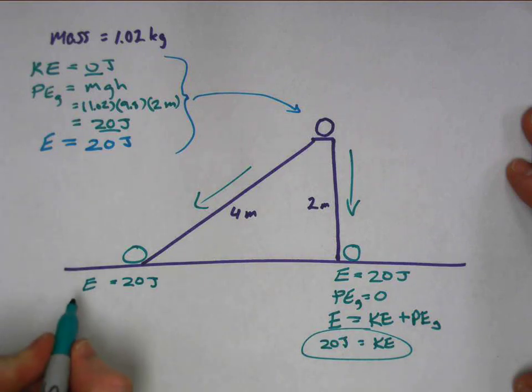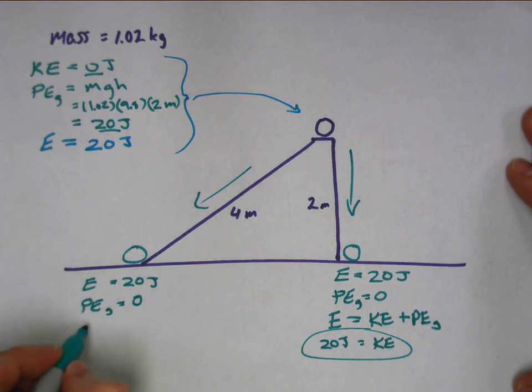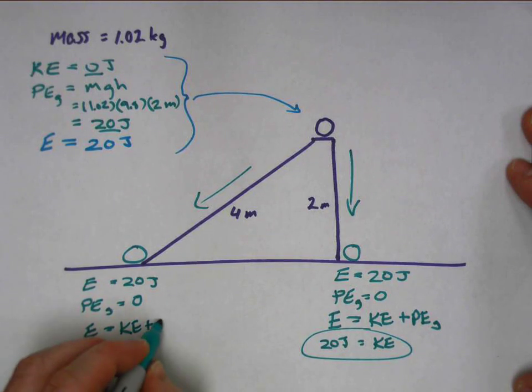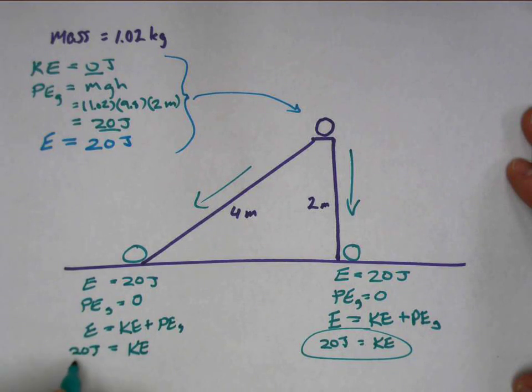Energy is conserved. Down here, the potential energy is 0, and we have the same situation. Mechanical energy is the kinetic energy plus the gravitational potential energy, but that's 0, so the kinetic energy is equal to the 20 joules, J.